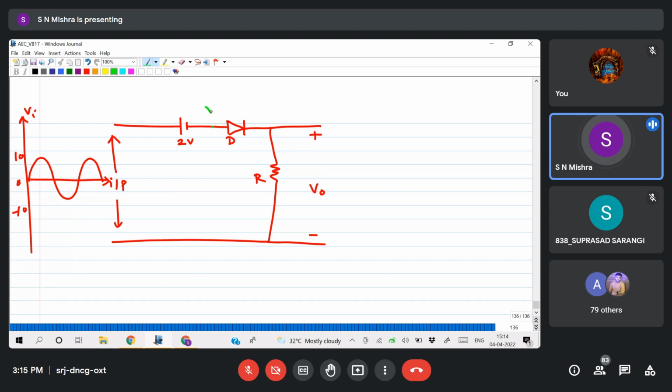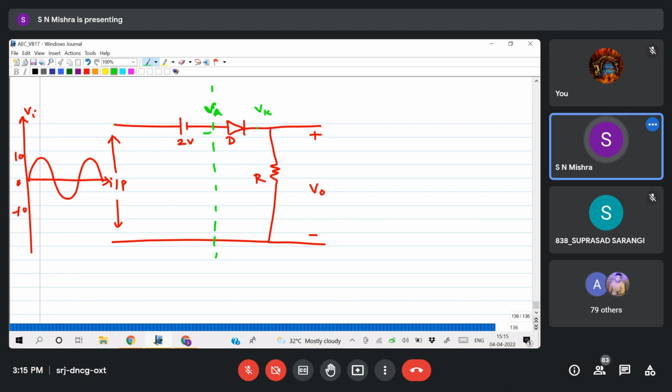This is your anode potential. This is your cathode potential. Now we'll open it. So let us take this one, and if this is Va, with respect to what?